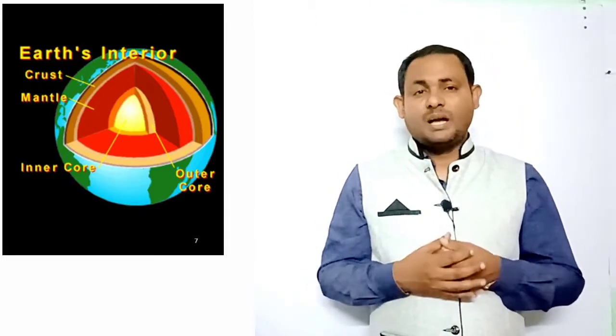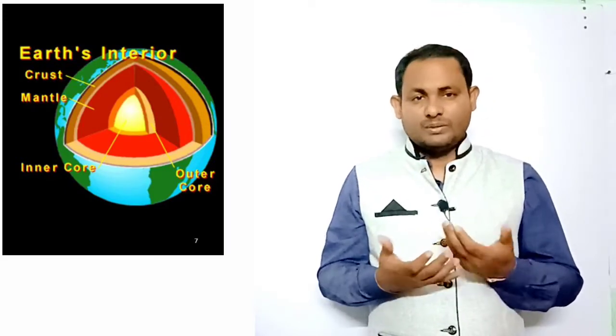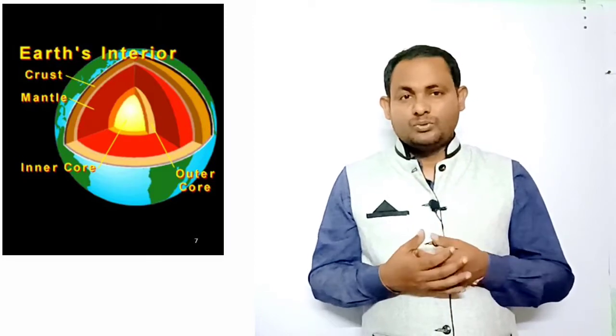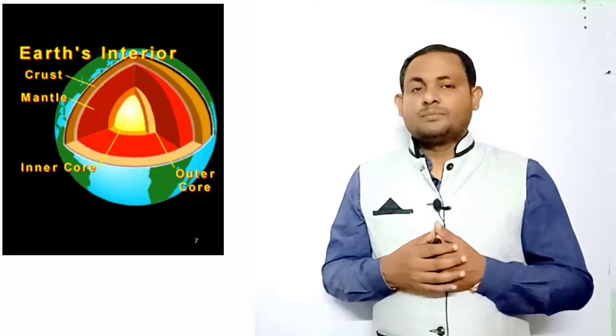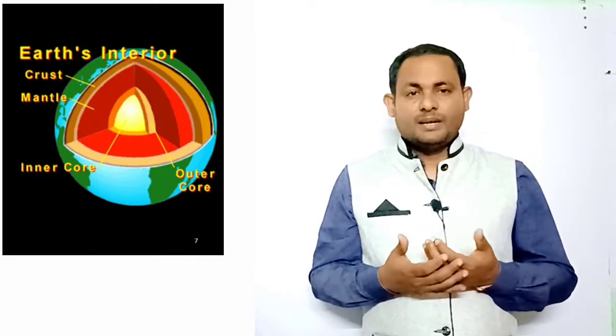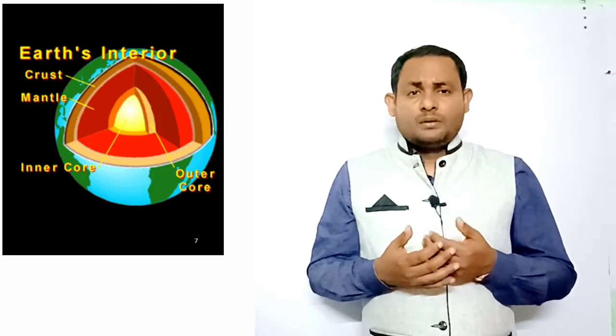The core is the densest layer of the earth. The density of the material at the mantle-core boundary is around 5 gram per cubic centimeter, and at the center of the earth, at 6,300 km, the density is about 13.